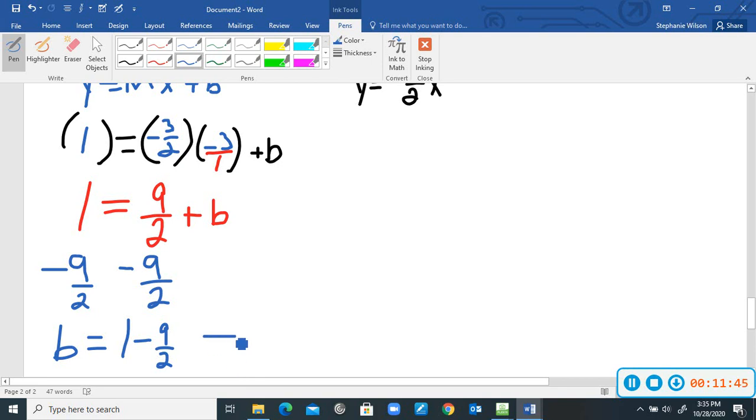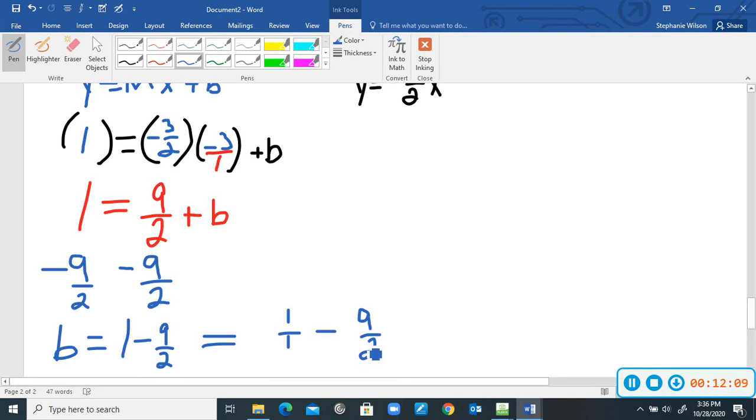And if it would help you, I'm going to rewrite it one more time. I'm going to say 1 over 1, because that's what 1 represents, right? And I'm going to say minus this 9 halves. Well, I see that I've got 1 in the denominator and 2 in the denominator. And we've got to pick a least common denominator that they both will go into.